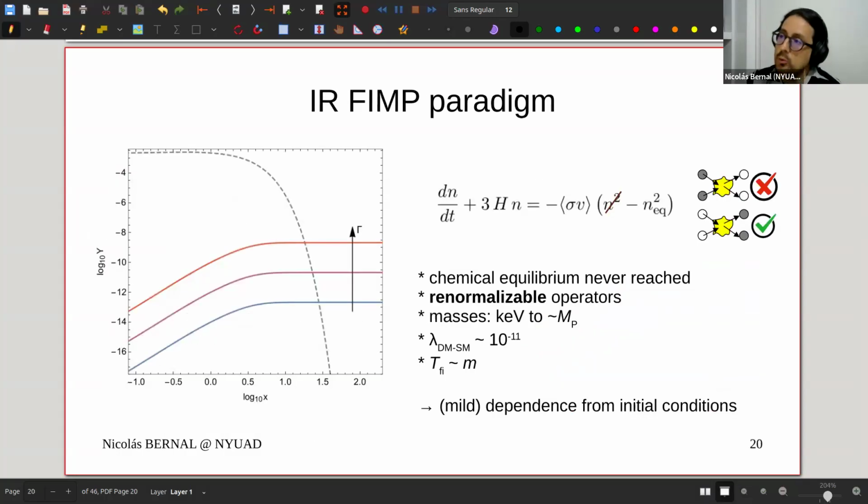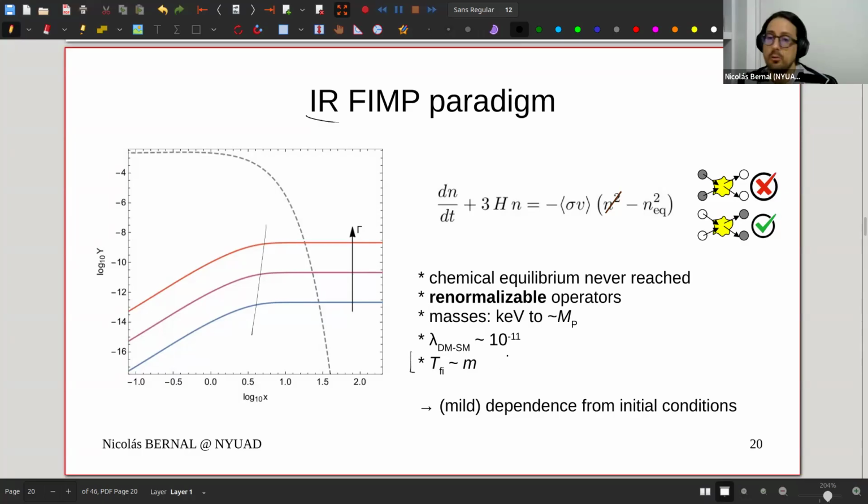Okay, so the FIMPs come in two versions, the infrared, and this corresponds to what Sergey was asking. In this case, the production happens when the temperature of the plasma is of the order of the masses, masses of the mediator, masses of the dark matter.